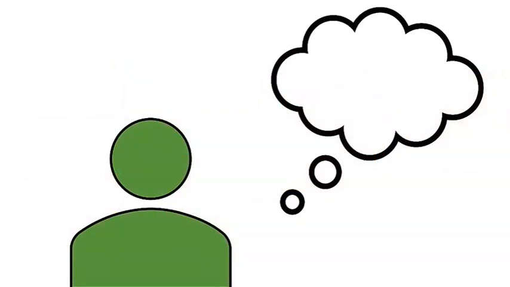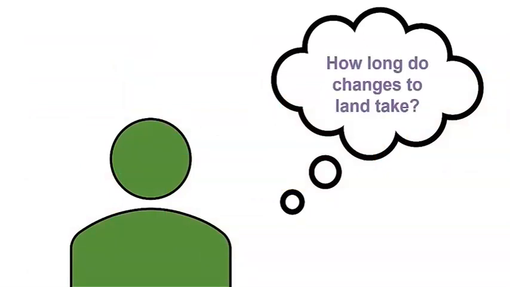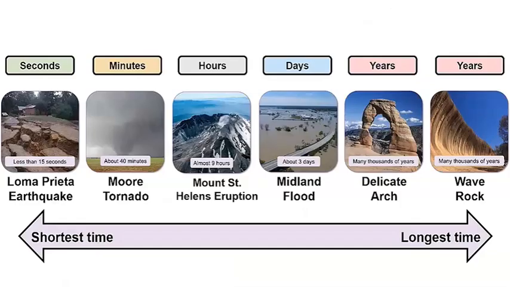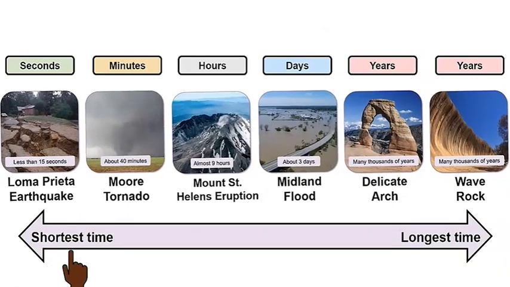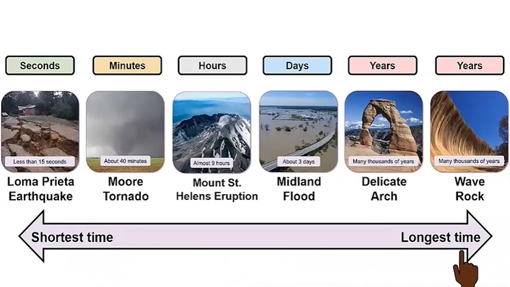Here's the next question. How long do changes to land take? What have we found out that can help us answer this question? Yes. I'm thinking back to the diagram we created that showed the time spans of different Earth events.